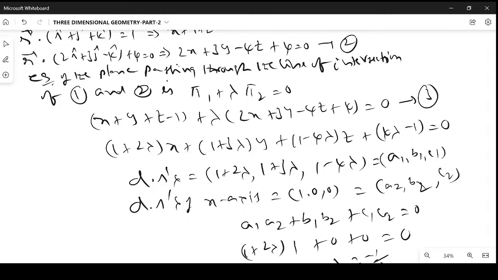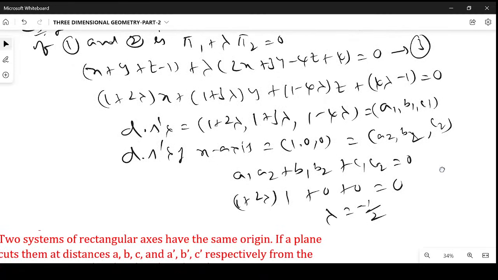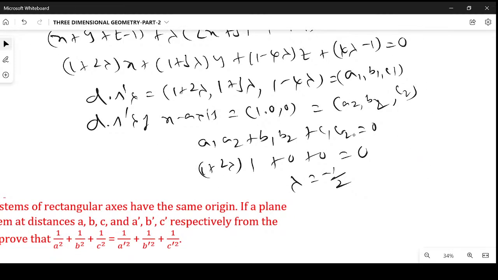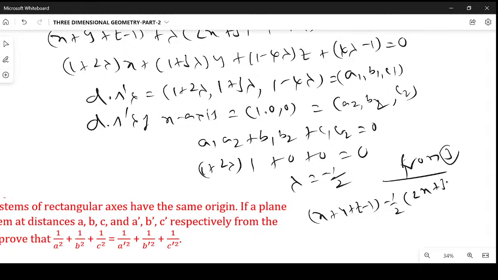Let it be equation 3. From 3 I can write x plus y plus z minus 1, minus 1 by 2 into the given equation of the plane in 1, which is 2x plus 3y minus 4z plus 4, equal to 0.